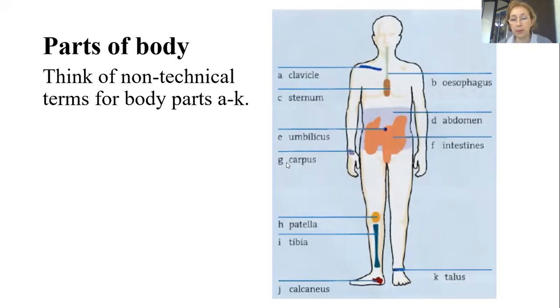For corpus, this is G. In the previous task, we were listening to 5 people. How did they call this corpus? Wrist. Or for umbilicus? Belly button. Yes, and for abdomen? Stomach. Stomach, and one of them called it tummy, right?